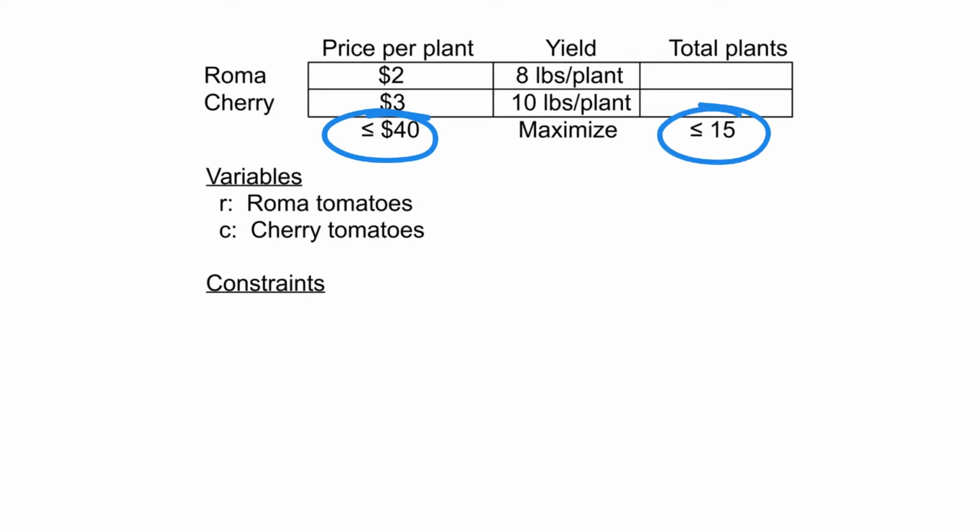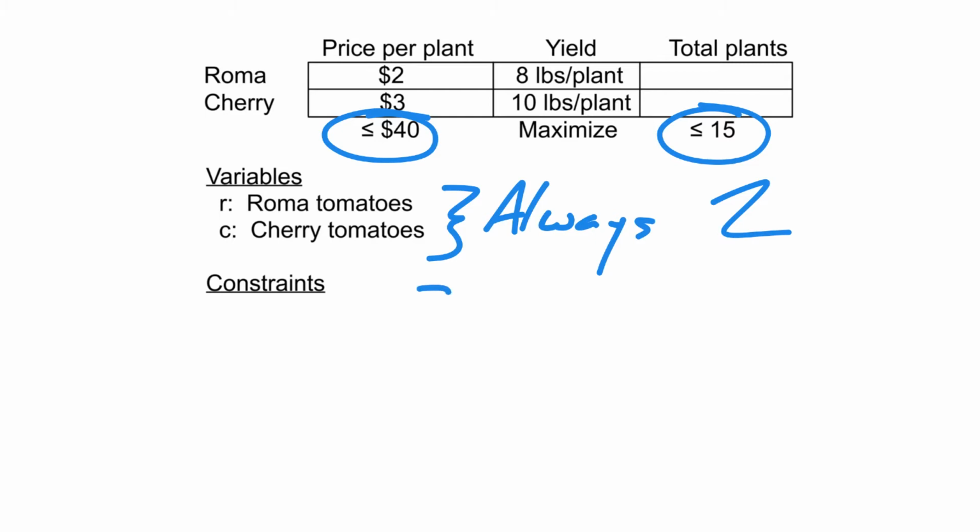Now, sometimes you'll see more than 2 constraints. We will always have 2 variables. And you might want to make note to yourself if you want to on this problem so that you remember there's always 2 variables. For the constraints, there can be 2 or more constraints.